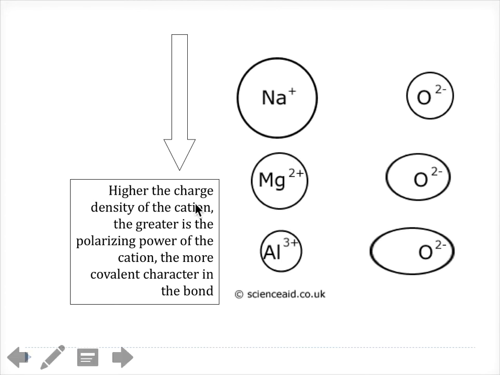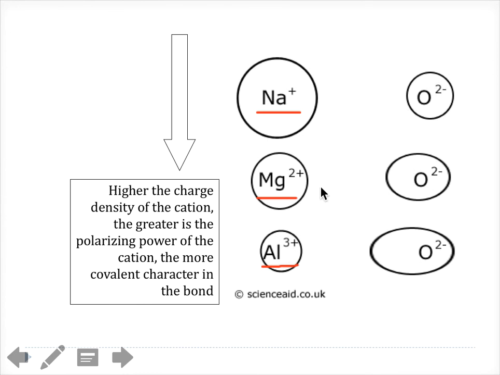So the higher the charge density, the greater the polarizing power of the cation. Okay, so as we can see, if you compare sodium, magnesium, and aluminum, their ions have increasing charges, right? But the ionic radius of these three ions decreases across the period. Therefore, it results in a higher charge density as we go across the period.